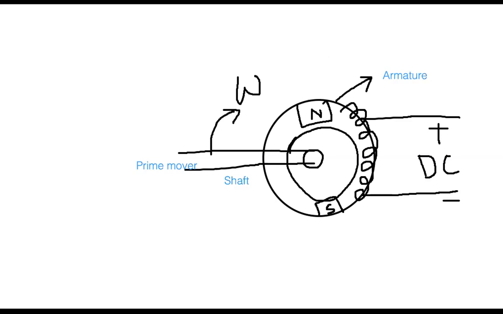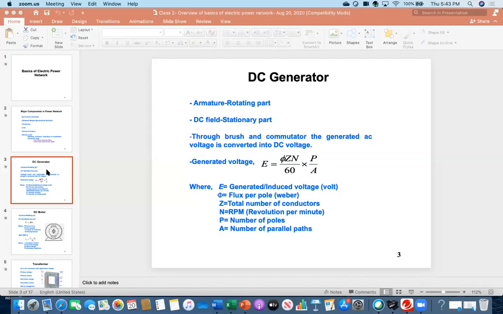Okay. Now go back to that slide. Okay. So I was in this slide. Now everybody see DC generator, armature, rotating part. This armature means on which coils are placed. DC field, stationary part. Why is it called the DC field?